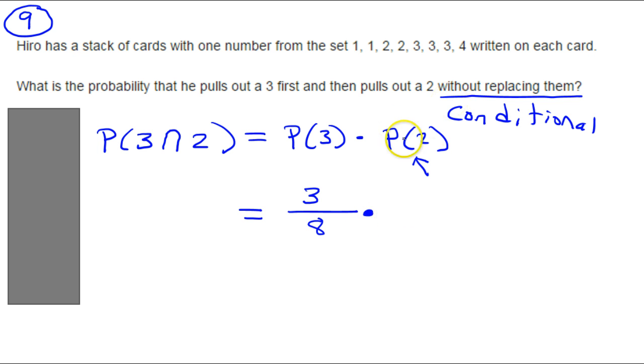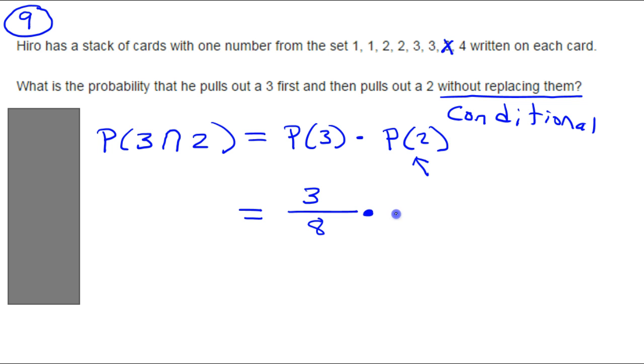Now, we have to be really careful about this second probability, the probability of pulling out a 2, because we already pulled out a 3 first. That's already happened. So if you pulled out a 3 first, and we know that, the probability of pulling out a 2 afterwards is not going to be the same as it would be if we put this back.